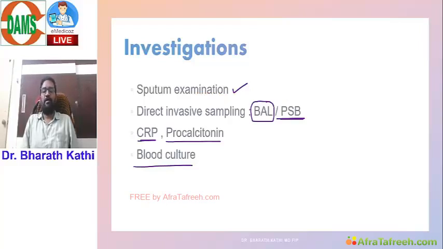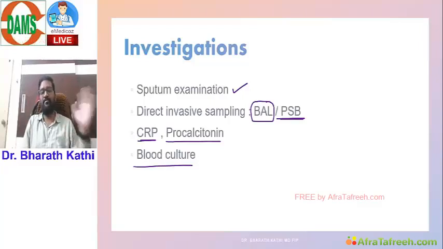If sputum is unavailable, invasive sampling, either bronchoalveolar lavage or protected specimen brush. CRP and procalcitonin can help you see the progress or regress of the disease, and help you decrease the antibiotics, and blood culture. Generally, we initially start the treatment empirically. Based on our clinical suspicion, we suspect some organism and we start.